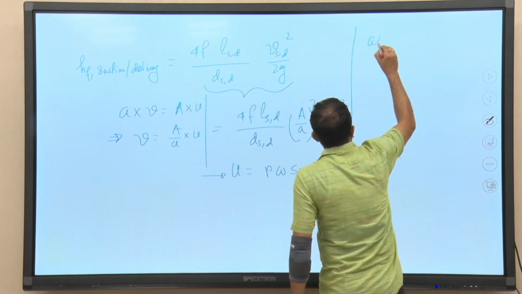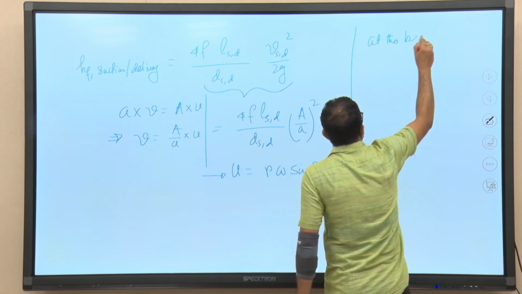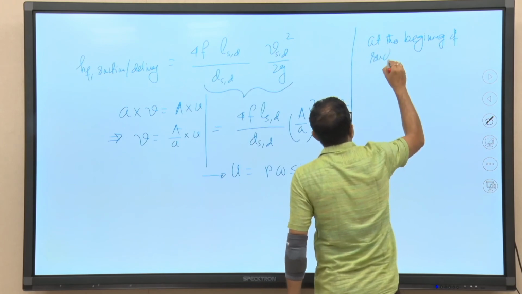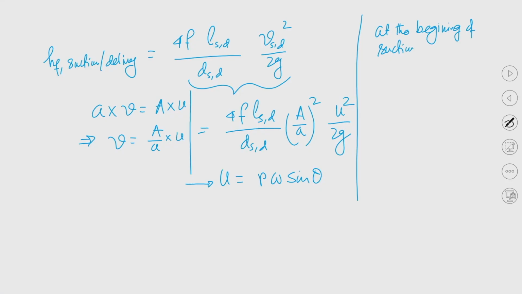So, at the beginning of the suction stroke theta equal to 0, so u equal to 0, right.